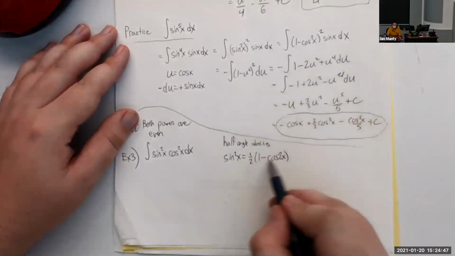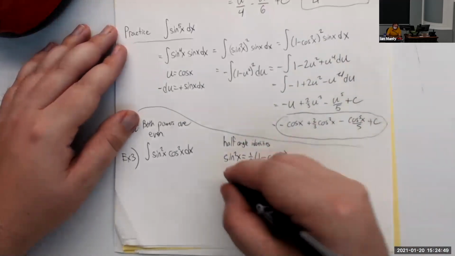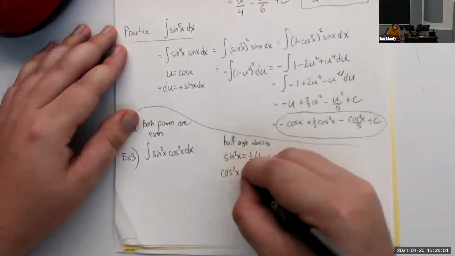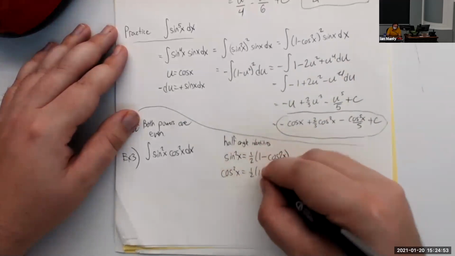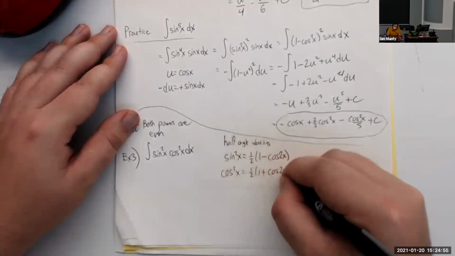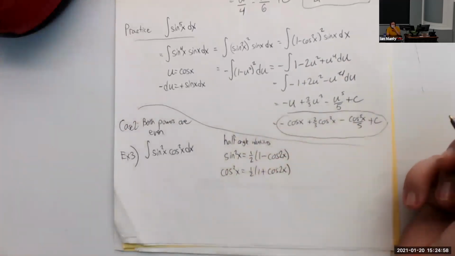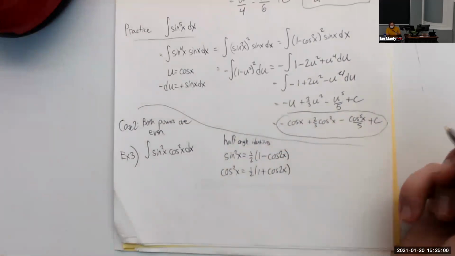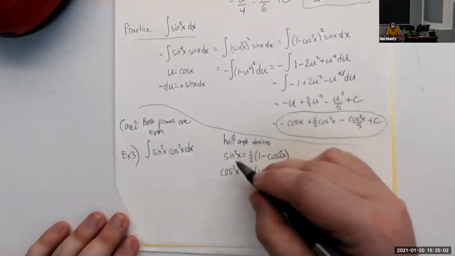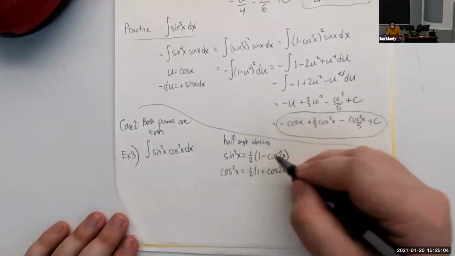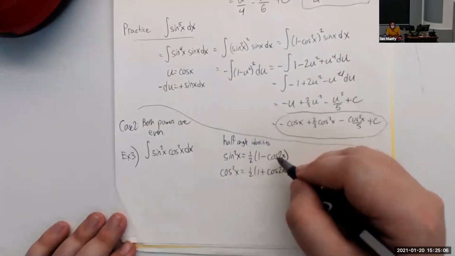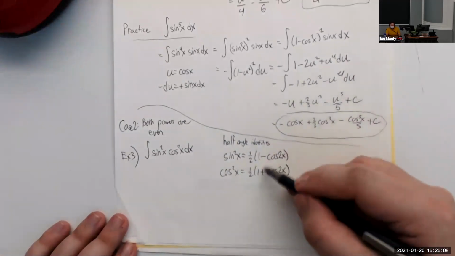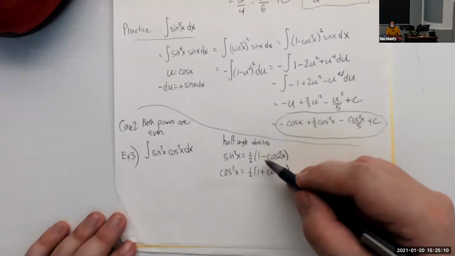And notice that there's no square on this side. And cosine squared has almost exactly the same formula, only it's going to be a plus in there instead. And one thing that kind of confused me at first when I learned this is that it's still a cosine for the sine one. It's not 1 minus sine of 2x, it's cosine for both of them. The only difference between them is that sine has a negative, cosine has a positive.